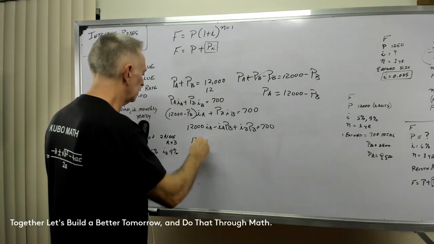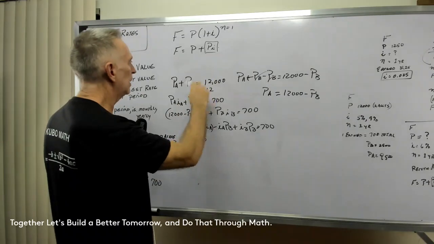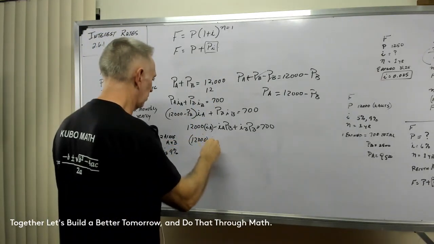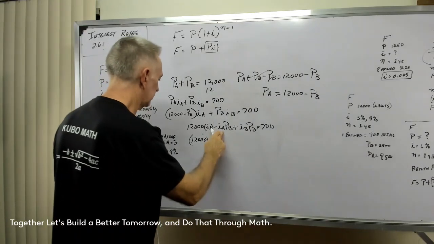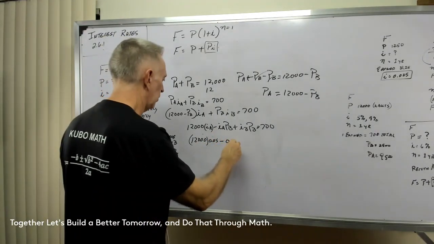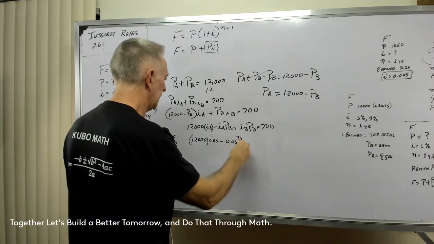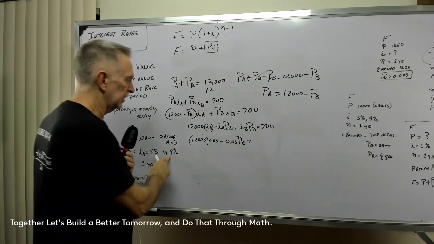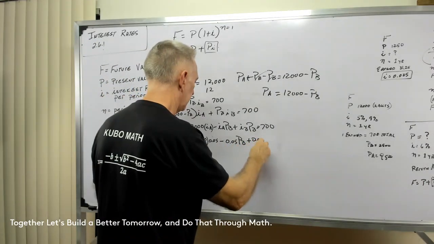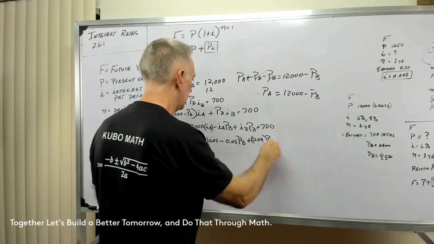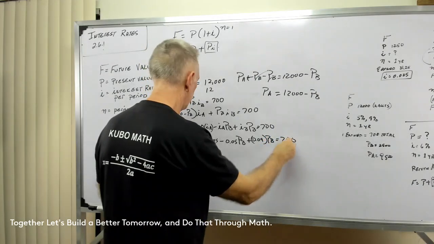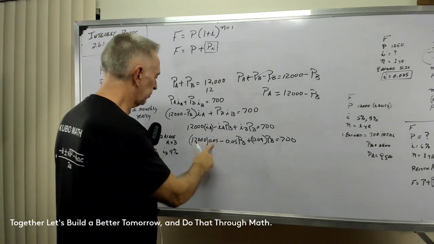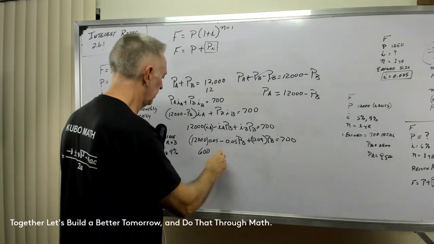All right, 12,000 times I sub A. What is I sub A? 5%. So that number is times 0.05, minus I sub A, which is 0.05 P sub B, plus I sub B, which was 9%, so that's 0.09 times P sub B, and that equals 700. Okay, so 12,000 times 0.05 is 600.